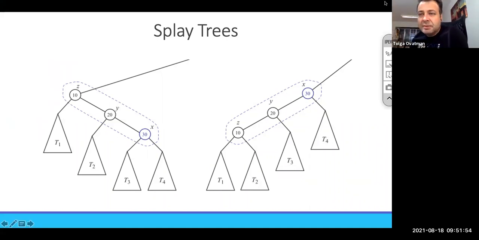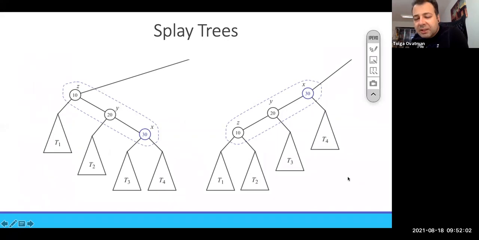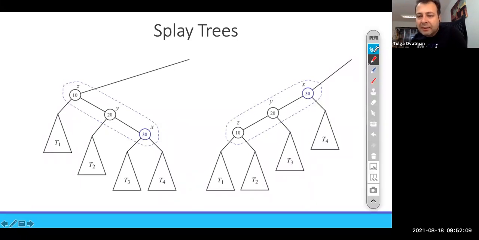In splay trees, we do the self-balancing by rotations again, but this time, in order to make the rotations, there are quite different patterns. They look alike a lot, but they have some minor differences.